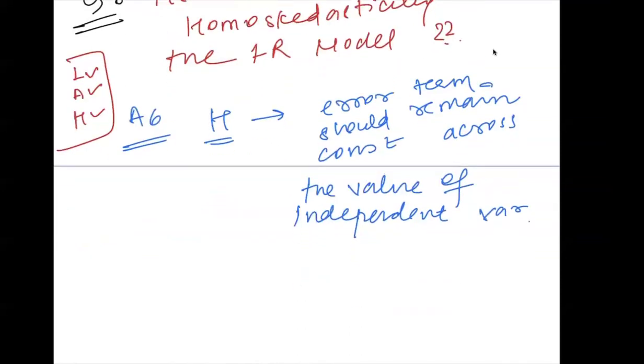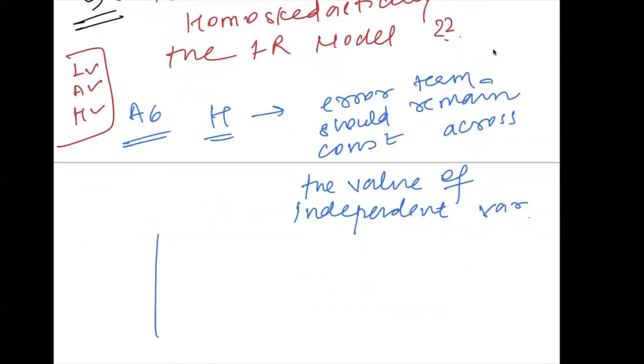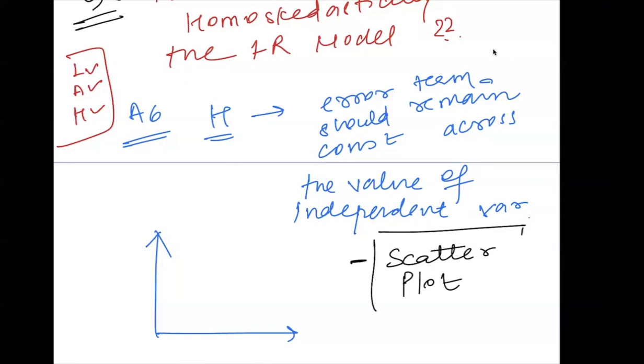So how can we check it, or how can we measure it? We can measure homoscedasticity by plotting a scatter plot. By using this, you can measure homoscedasticity.